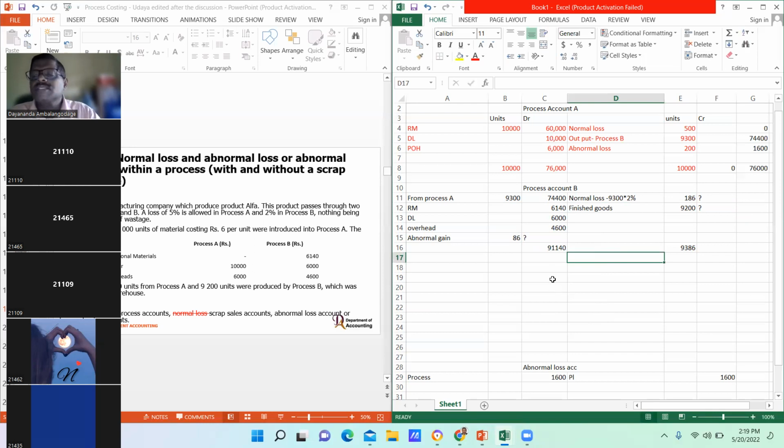So what we do is we use the total cost incurred, that is 91,140, divided by expected units. You have to remember the word expected units.